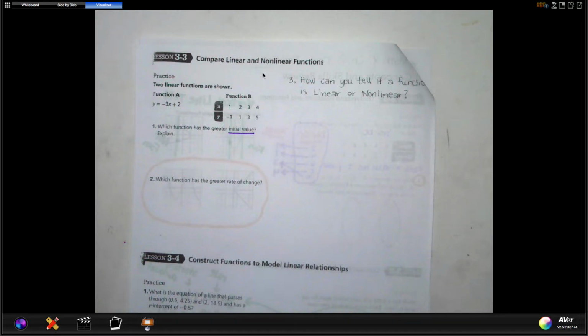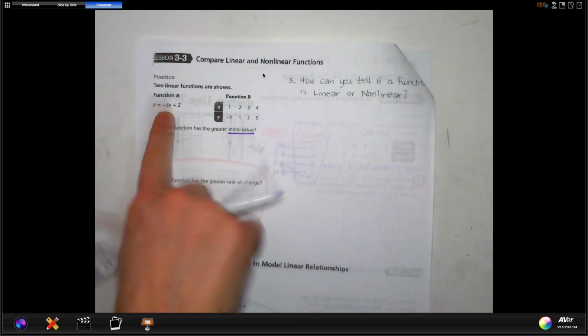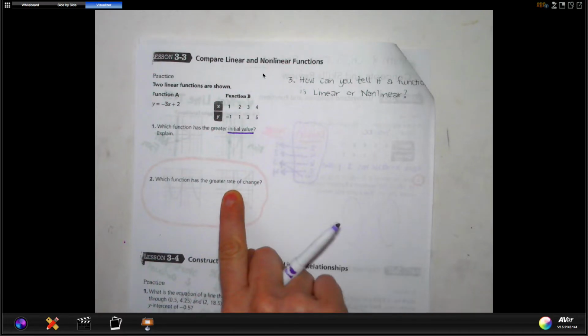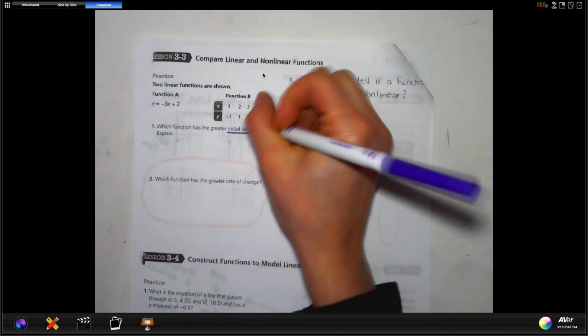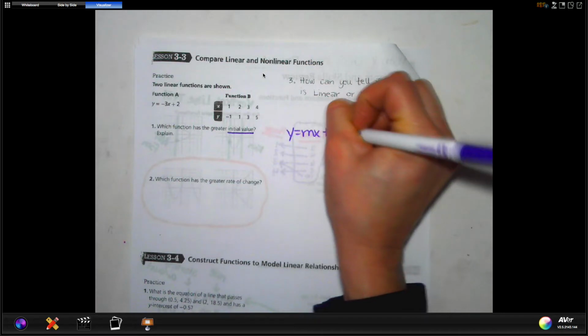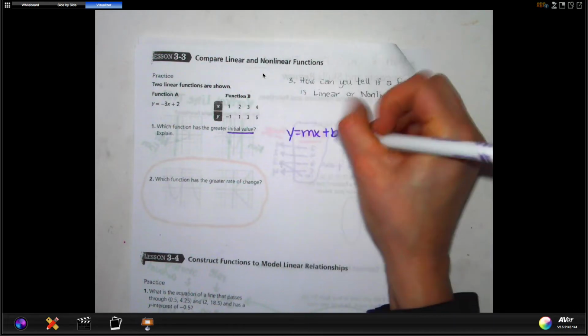Okay. How do we find the initial value on an equation? Where is it located? Marty, go. The which one? It's m. It's not m. You're thinking rate. It's 2. Okay. So this is where we're confusing, because the next one is going to ask you for rate, okay? So when it says initial value, remember, when we talk about y equals mx plus b, this guy is the initial value.